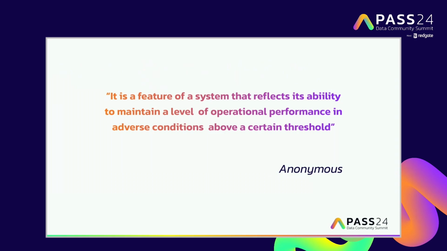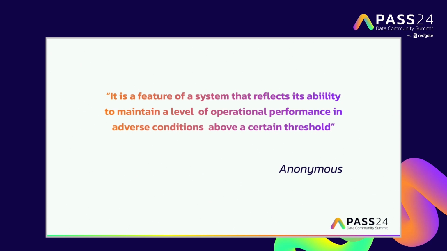So what is high availability? It's a quote that nobody actually said, but it's loosely based on what Wikipedia thinks about it. It's a feature of a system that reflects its ability to keep up a level of operational readiness or performance in some adverse conditions, and performance should be above a certain threshold.